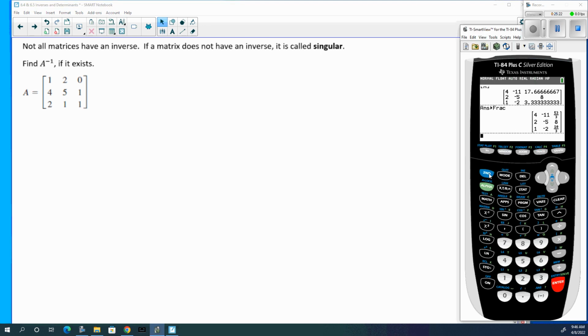So if I tried this one on the calculator, I'm not going to try to work it all out by hand, but I could, but it takes forever. I would go matrix, so get into wherever your matrix button is on the calculator. It's a 3 by 3 matrix. And then just type in the numbers.